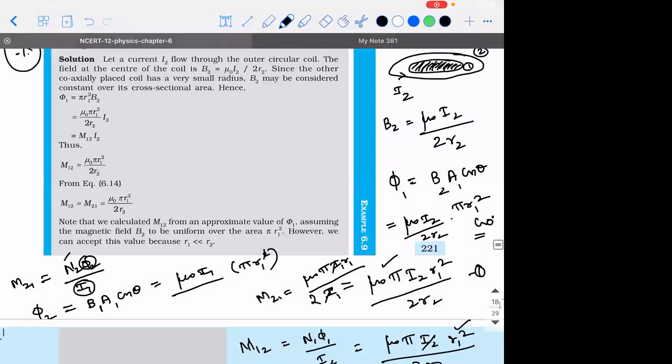That is the reason why they could have got M12 equal to M21. Or else this should have been the answer: mu naught pi I1 into R1 divided by 2 times I1.